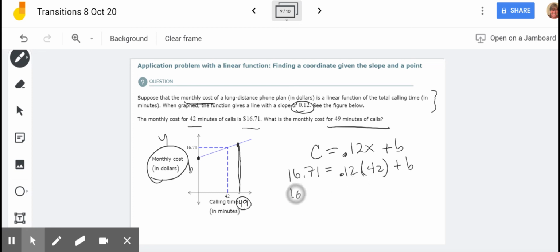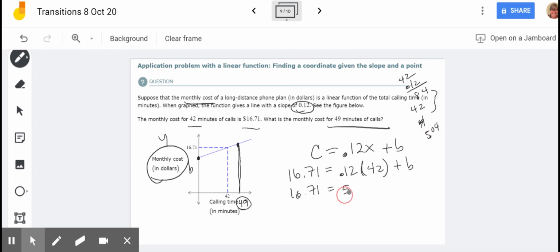So when you get b, 16.71 equals 0.12 times 42. So you would get your b. I'm just talking while I'm doing my math. And then you would get this: 0.12 times 42 is 5.04.